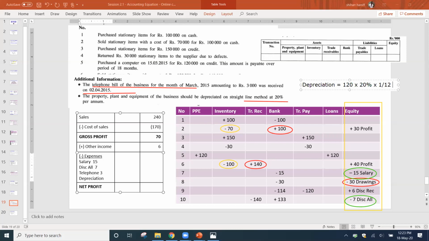15th March, not 1 month, then it is 15 days. It is 0.5 of that. So if you calculate 120 into 20%, answer is 1,000.